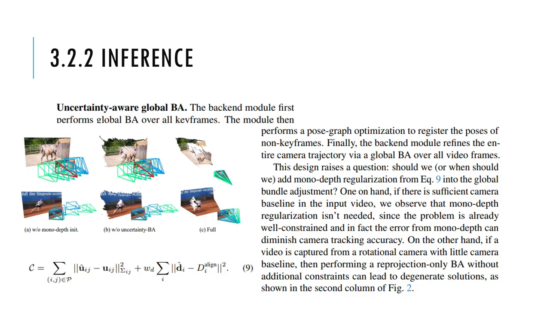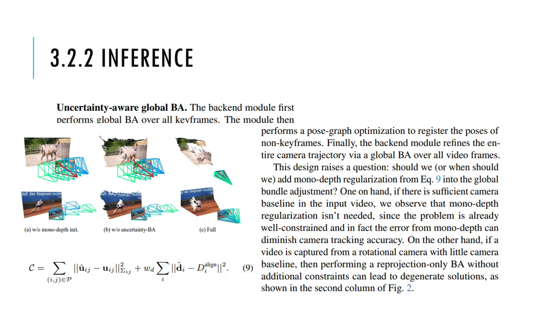Now here is the uncertainty global BA module, which is a global BA over all frames, and equation 9 shows the mono depth regularization in the global bundle adjustment.